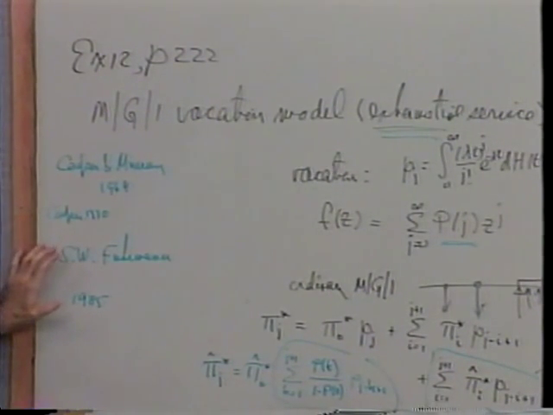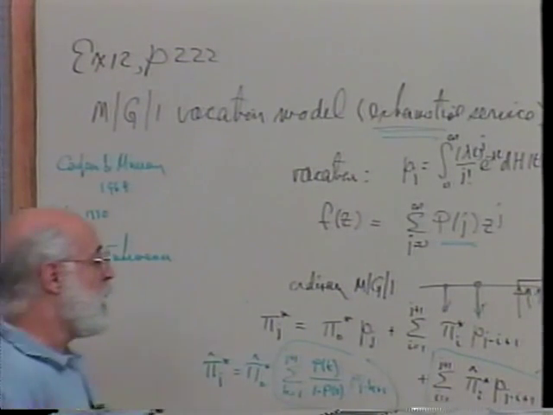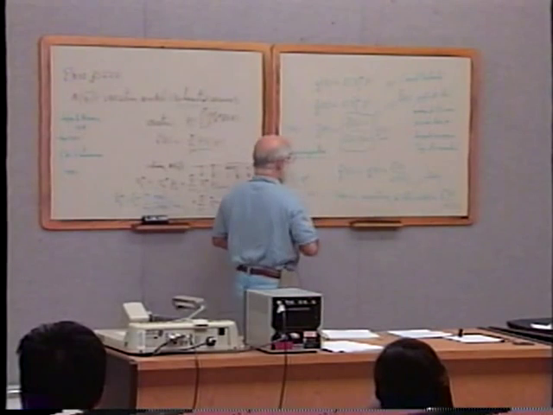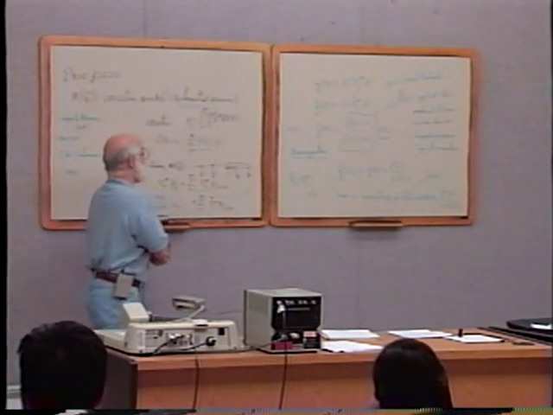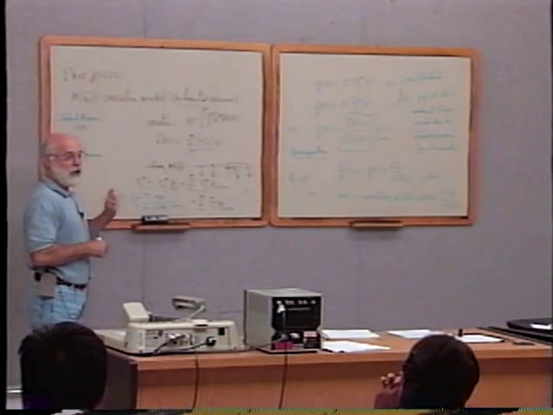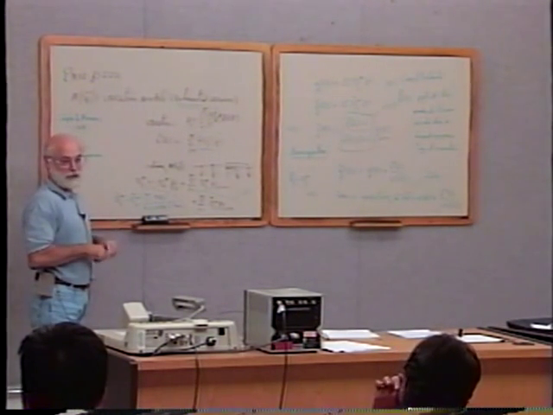In that paper, we gave conditions for decompositions of this type and this type that were more general, with generalized vacations, that is, didn't require exhaustive service, but could have other kinds of service, such as gated service.